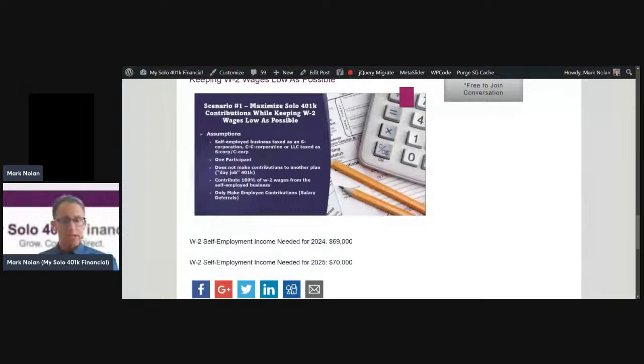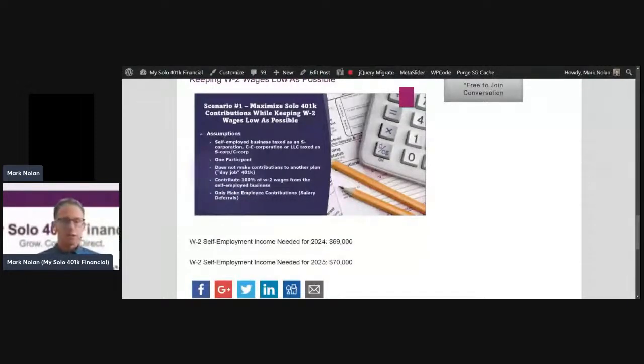Keep in mind that you have until March 15, or if you file for an extension, until September 15 to make the contributions if your self-employed business is taxed as an S-corporation. And so you will have until then to make the 2024 voluntary after-tax solo 401k contribution.